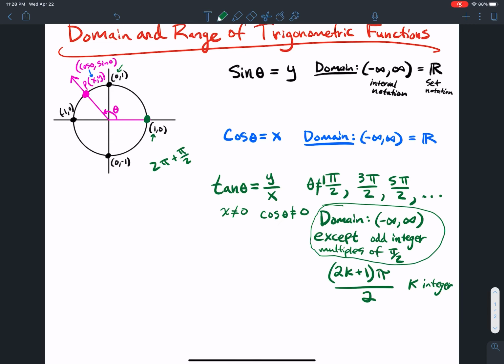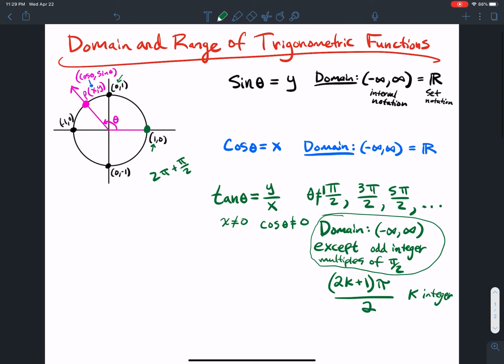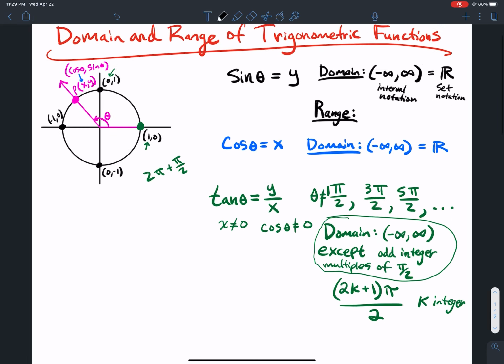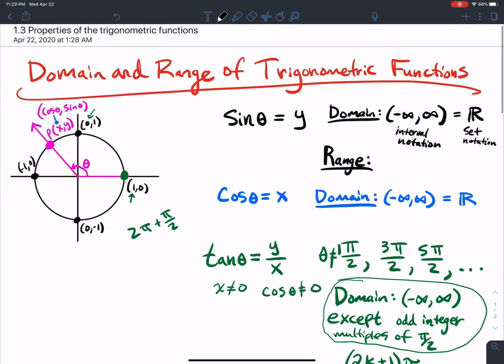So what about the range? Well, if I look at the range, the range is the output. The range is the y value, the value that the sine function can attain.